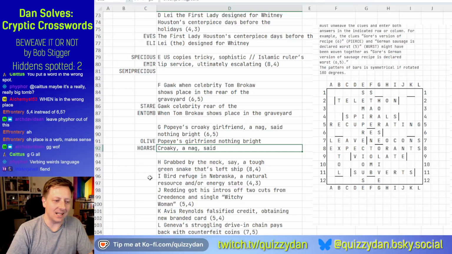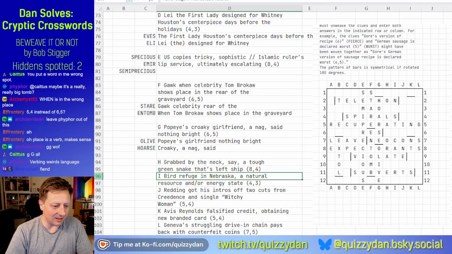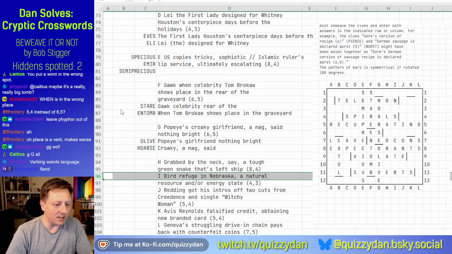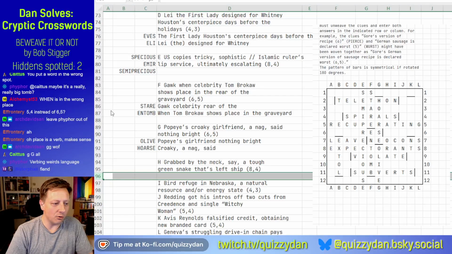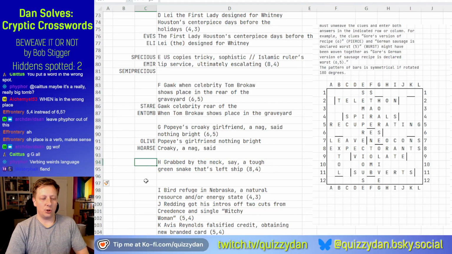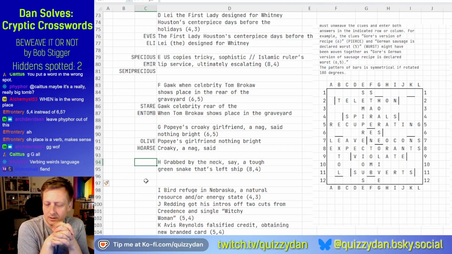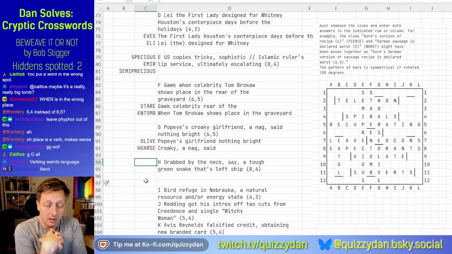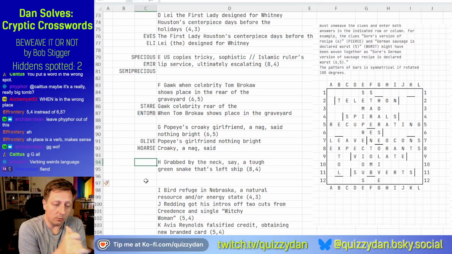Grabbed by the neck, say, a tough green snake that's left ship. We know this has to be a spanner as well. So this should be two clues side by side, and we're going to interweave the words together.